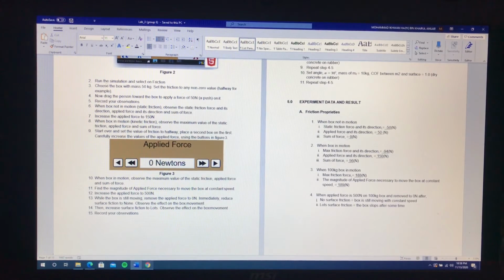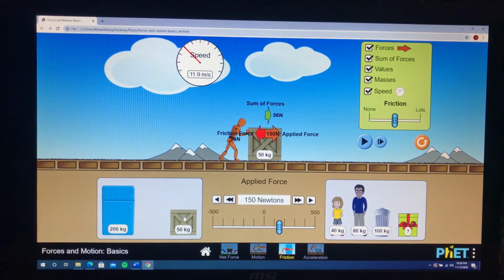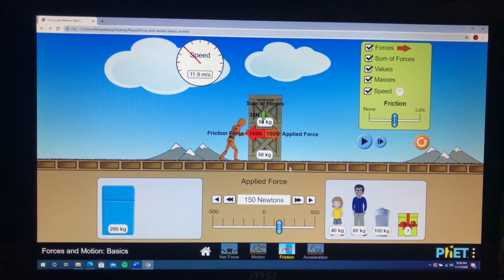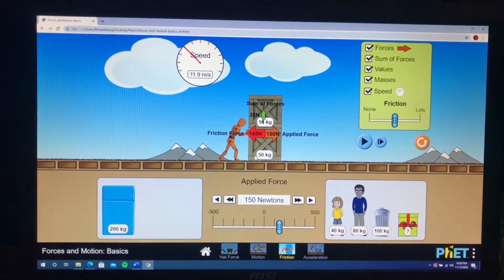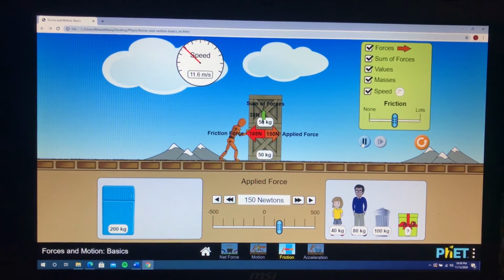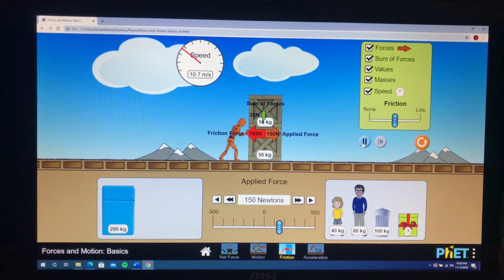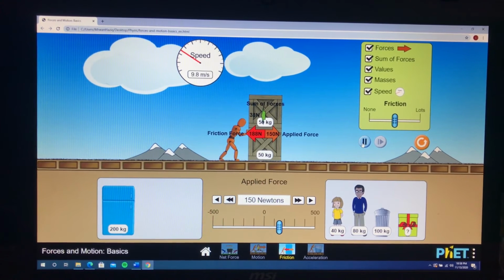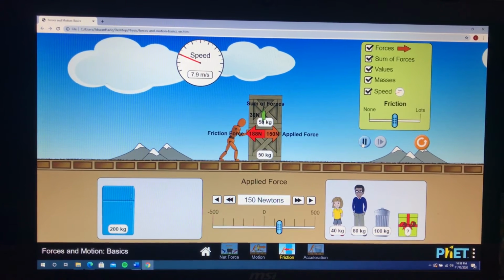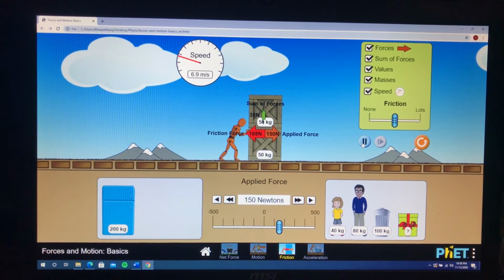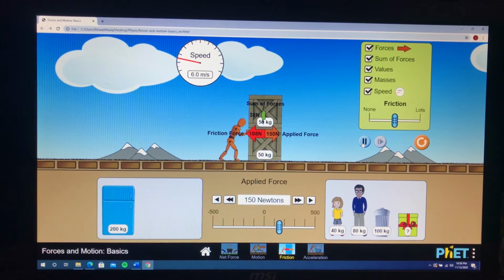So we just include another box on the box, and applied force is 150, and as you can see here, applied force is 150 Newton, and the friction force is negative 188 Newton for the mass of 100 kg because of the two boxes that I have to use.